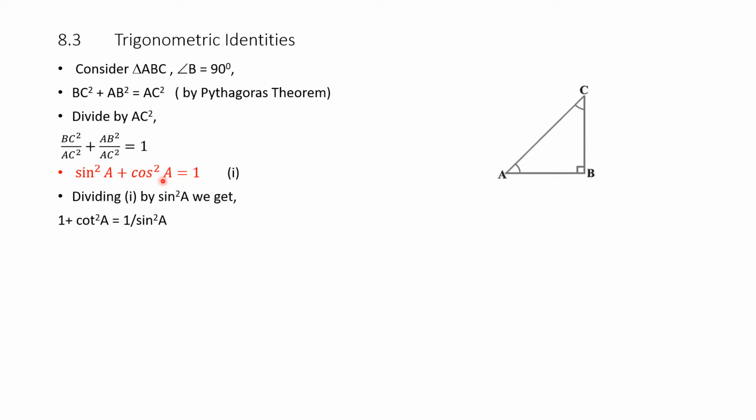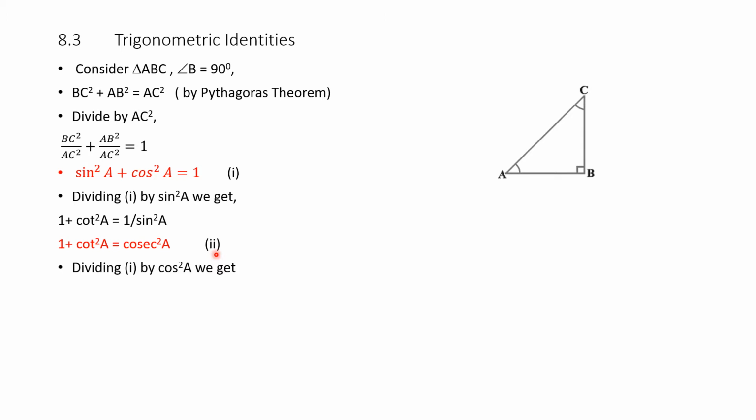Cos squared A by sin squared A is nothing but cot squared A, that is equal to 1 over sin squared A. But 1 over sin squared A is cosecant squared. 1 over sin is reciprocal, hence it is cosecant squared A. This is equation 2 and this is the second trigonometric identity.